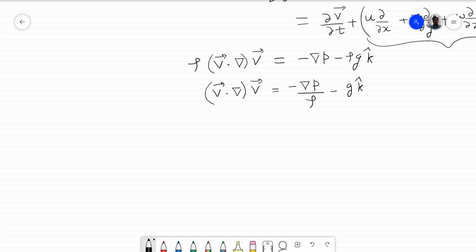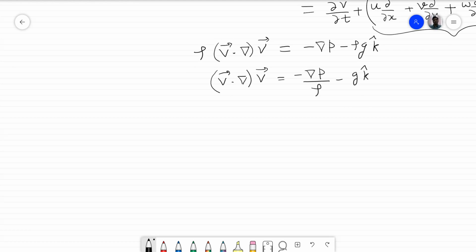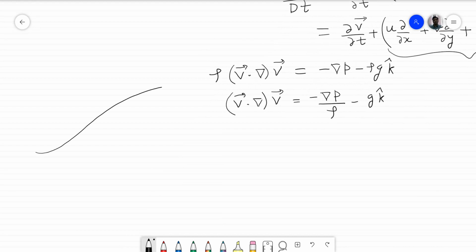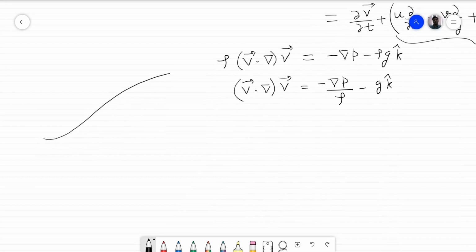Okay. Now what we'll do is, let us assume that there is a streamline like this, and let us choose an element here. This is a small element, infinitesimally small, but I am showing it as a big line segment here. Okay, let us call this ds, and it is a vector in the direction of velocity.